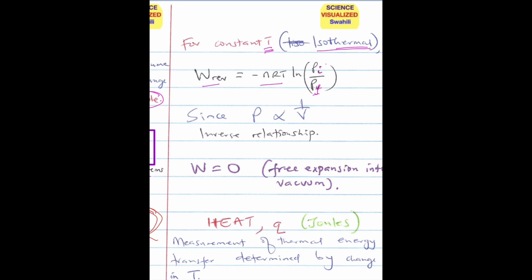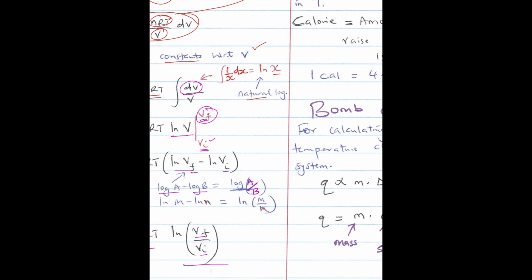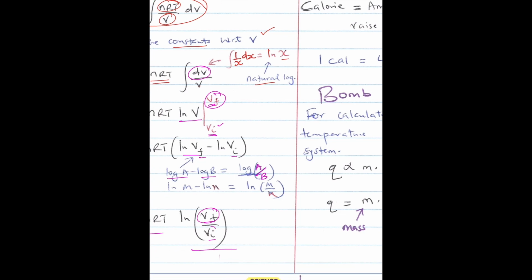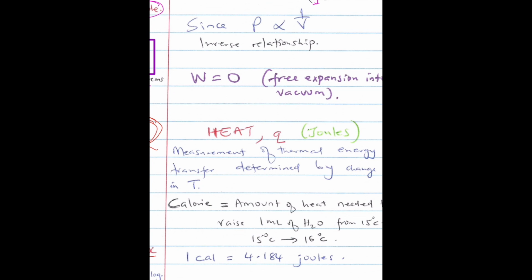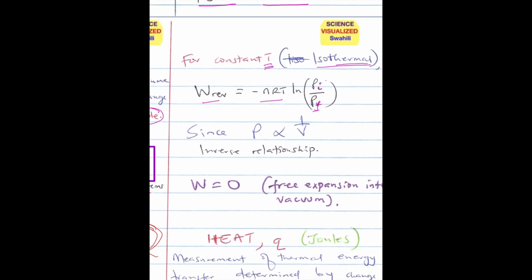If you compare this equation to what we just saw, here we had Vf over Vi, but now when you're dealing with pressure, it becomes Pi over Pf. The reason for that is that pressure is inversely proportional to volume. So natural log of V final over V initial corresponds to natural log of Pi over P final because they're inversely proportional. So you can use either pressure or volume.